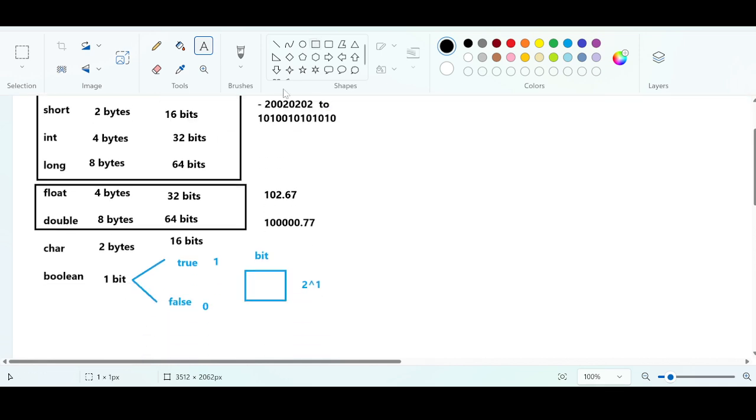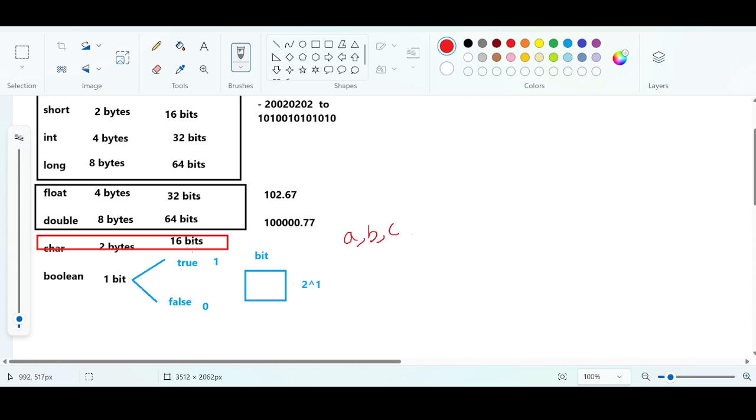And when you take the Java character data type, you can store alphabets A, B, C. Also, you can store all the Telugu letters, all the Tamil letters, and all the Hindi letters.